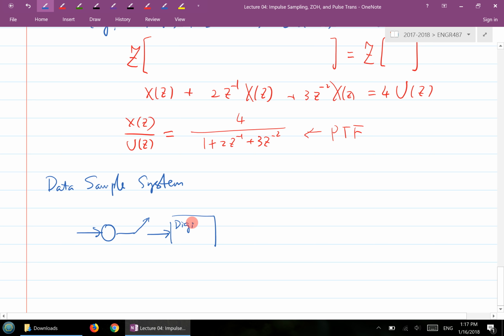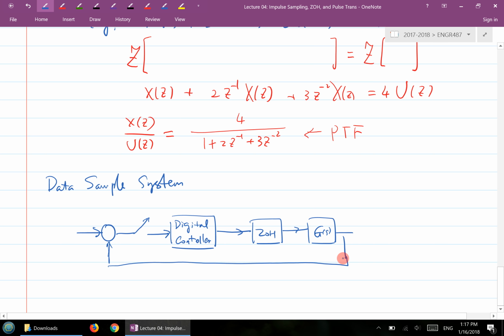I'm drawing a closed loop system here, a simple diagram that we have seen before, with the reference input here and the output here.